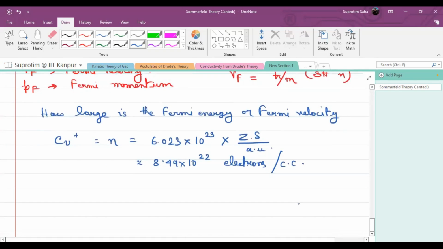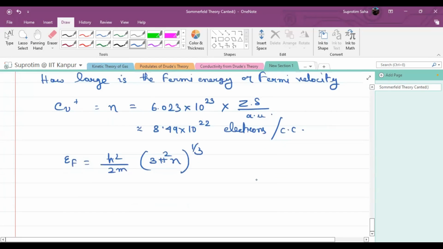With that, we can put the value of n in E_F, as E_F is h cross squared over 2m times (3 pi squared n) raised to 1 by 3. If you put n there, you get the Fermi energy.